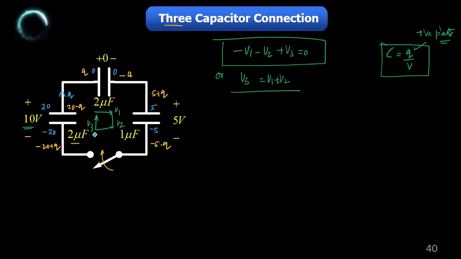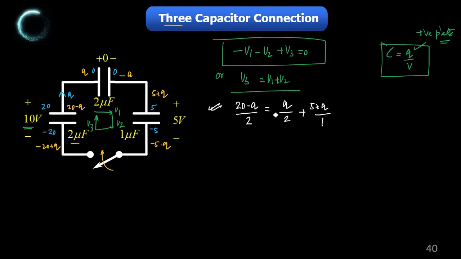The charge on the positive plate for V3 is 20 minus Q, divided by C, which is 2. That should equal V1 plus V2. For V1, the charge on the positive plate is Q, so Q divided by 2, plus V2, where the charge on the positive plate is 5 plus Q, divided by 1. That is the potential difference equation, and from it I get the charge equation.